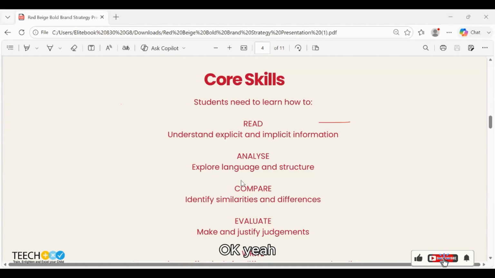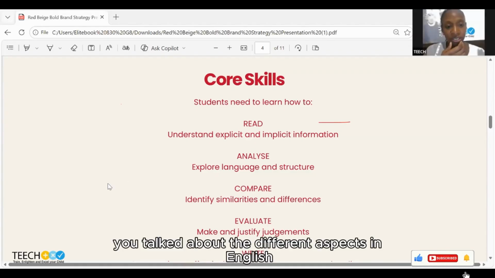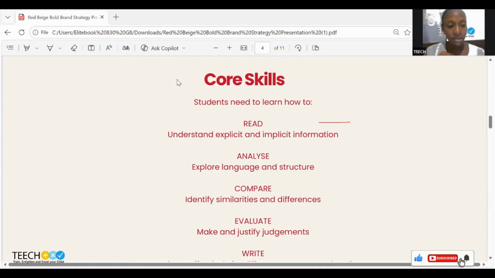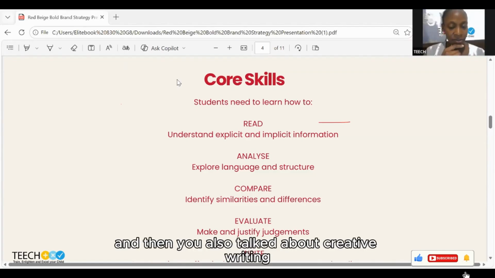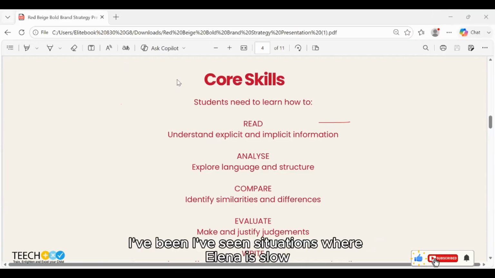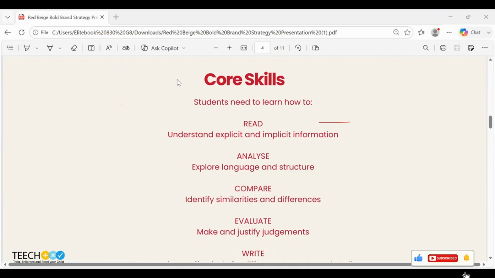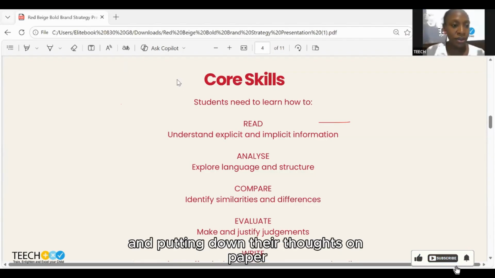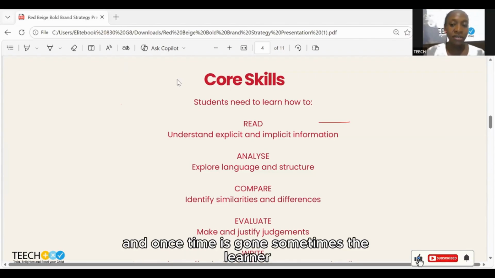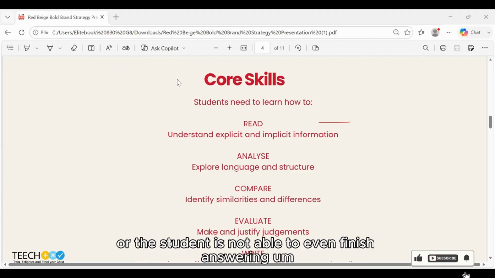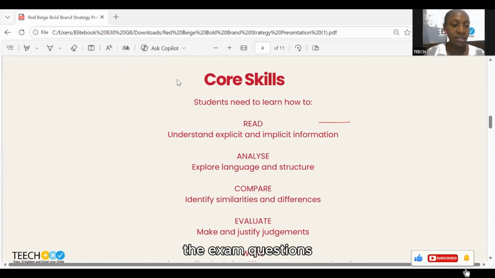Yeah, you talked about the different aspects in English, right? And then you also talked about creative writing. I've seen situations where a learner is slow in thinking creatively and putting down their thoughts on paper, and that alone takes time, and once time is gone, sometimes the student is not able to even finish answering the exam questions.